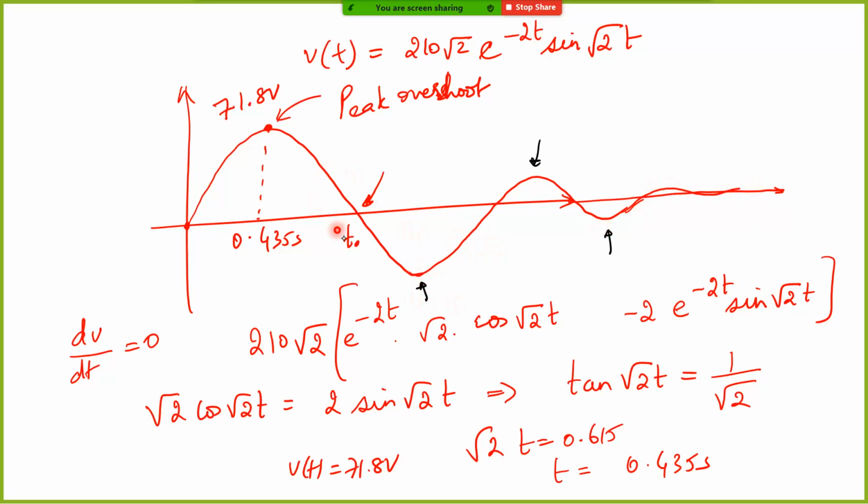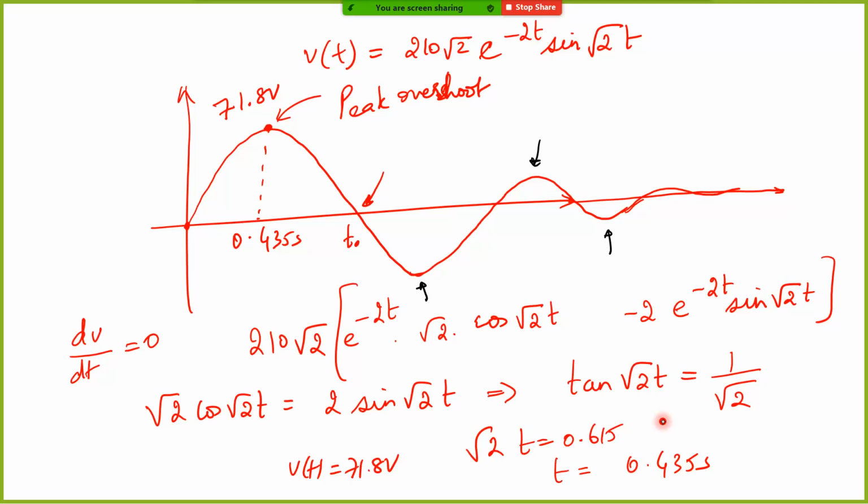Now, how do you get these other points? Here we took tan inverse of 1 by root 2. Whenever you take tan inverse, the value repeats with a cycle of 2 pi, so you can add 2 pi to it and then find the value of t.